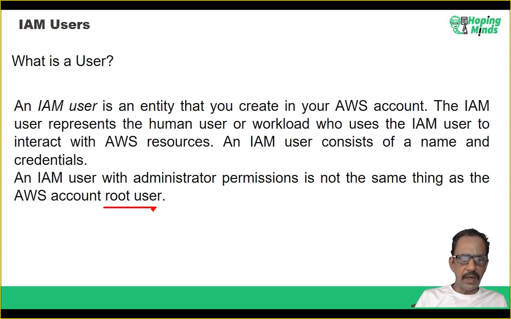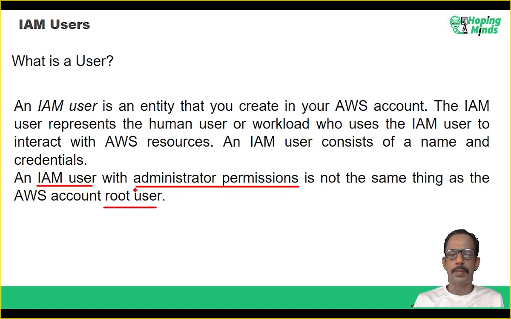So practically what we do, first time login with the root user, we create an IAM user with the full rights of administrative permissions. After that, we put the root user account in some safe place, and only keep working with the administrator user.